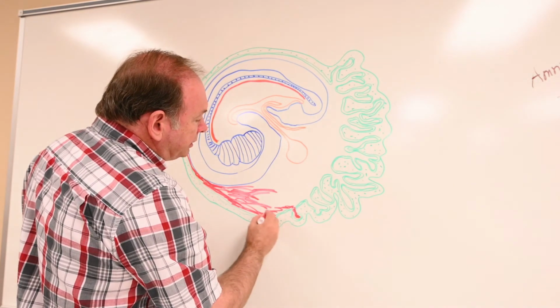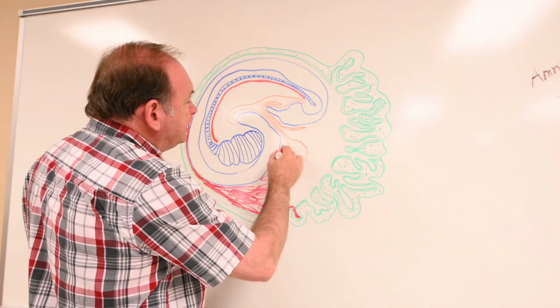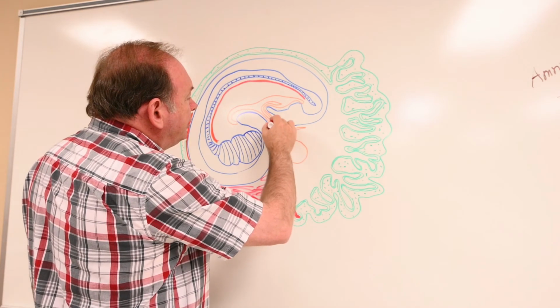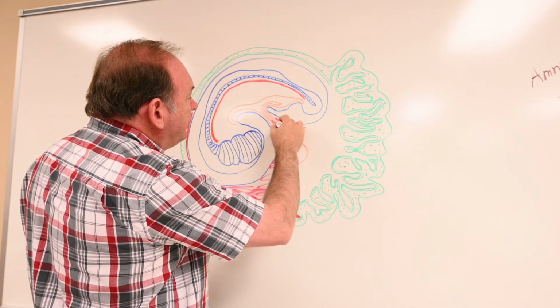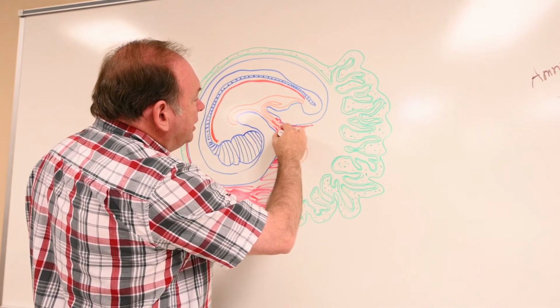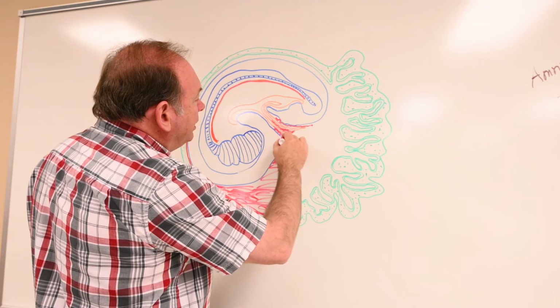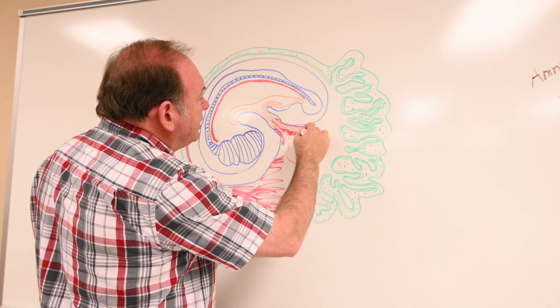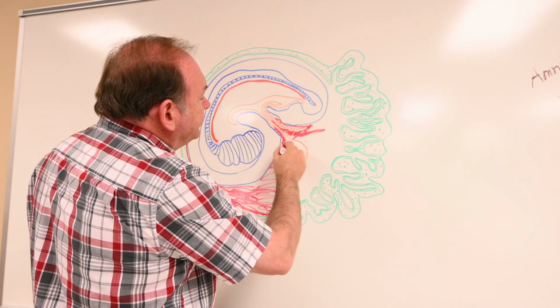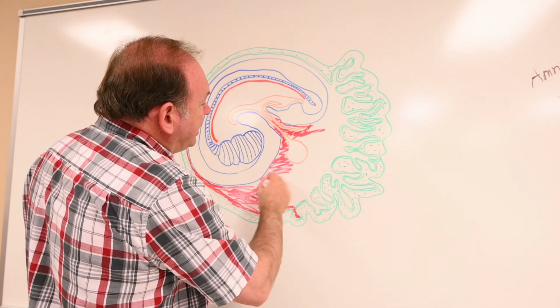And my marker's not the best for filling up this space here, but it comes in around the yolk sac and around the allantois, in the umbilicus or body stalk area. Fills up all this space around the yolk sac.